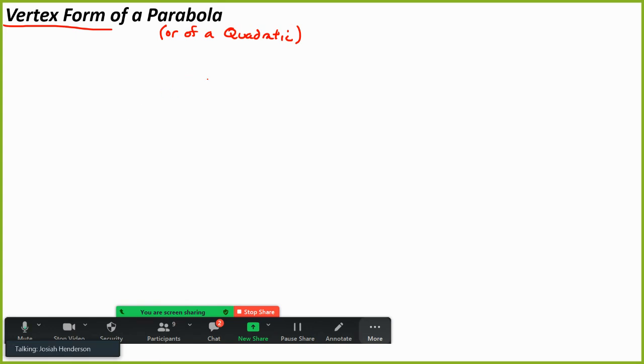So please copy this down as well. This is the generic equation for a parabola in vertex form. And then in a minute, we'll look at standard form and connect the two. So y is equal to little a, lowercase a, times parentheses x minus h.